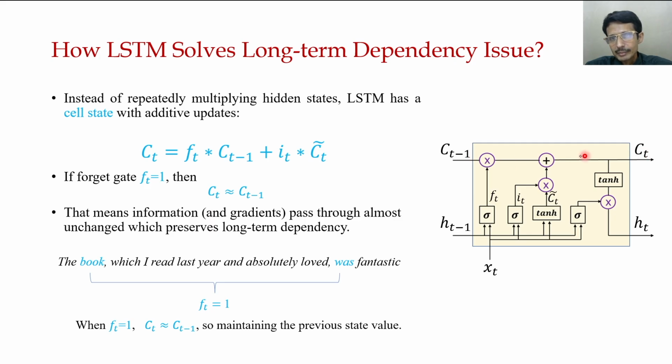It comes unchanged when backpropagated also. Now see here, it is hypothetical. If FT in between is 1, then the information of this book is carried up to this point. If we maintain all these states, then at least by this we can capture the long-term dependence.